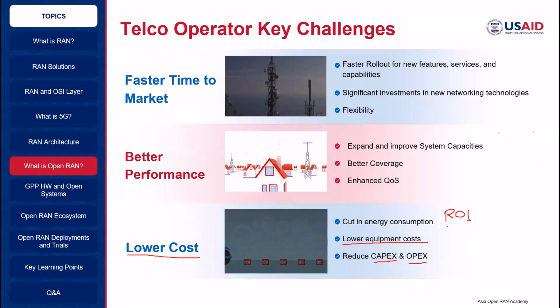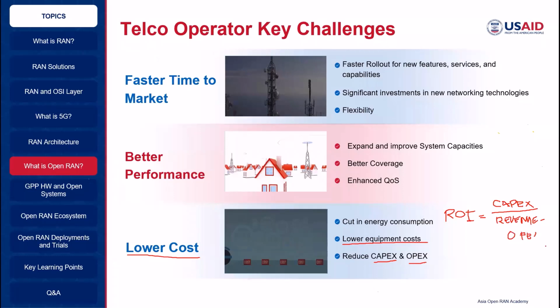When you compute this, normally you will have the capex on top, and then you will have your revenue, how much you earn every month, minus the operational expense, the OPEX.